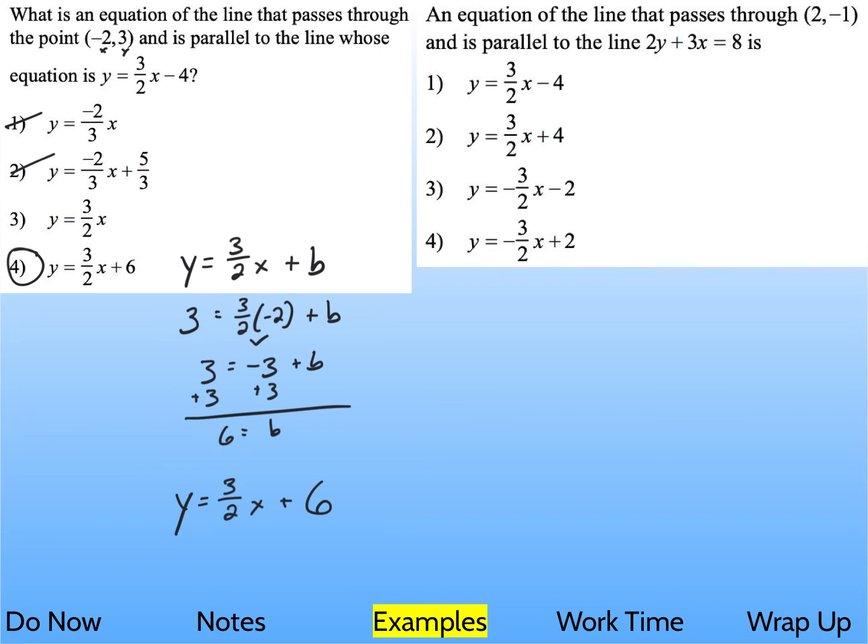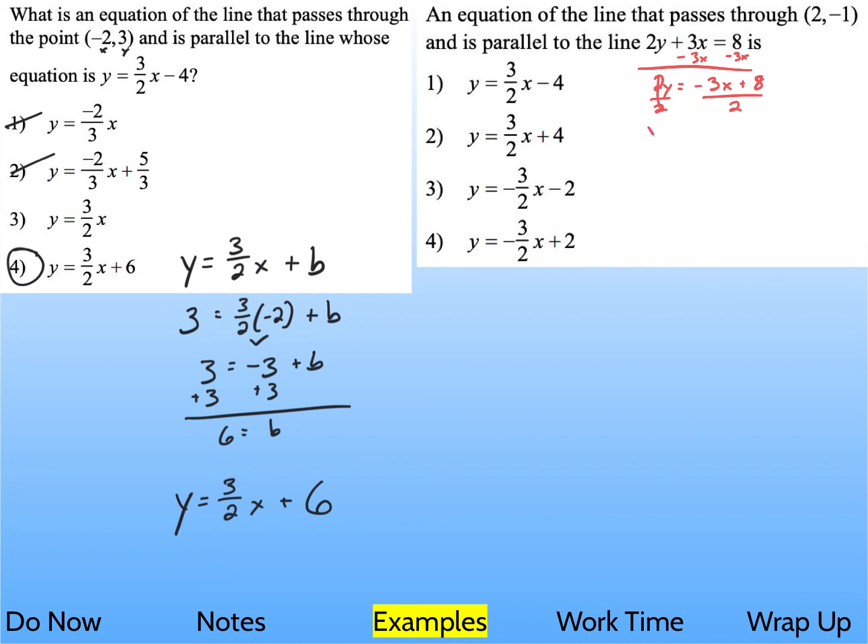Likewise, we're going to do the same thing over here, except the problem is it's not in y equals form right here. So we have to get it to y equals form. So what we're going to do here is solve for y. So I'm going to subtract 3x from both sides, and then we get 2y equals negative 3x plus 8, and then divide everything by 2.